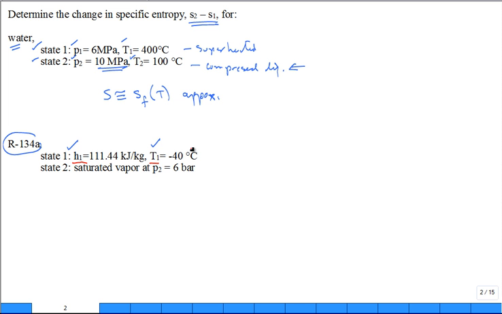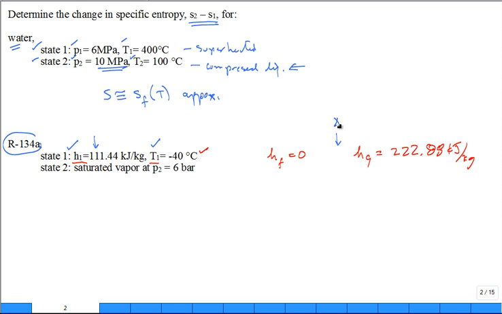This temperature is negative 40. Is that cold? Very cold. It's actually a lot of times the first line in that saturated table for the refrigerant. If you went in there, you would find that H of F is 0 at negative 40, and H of G was 222.88 kilojoules per kilogram, indicating that the given H is right in between the two, isn't it?